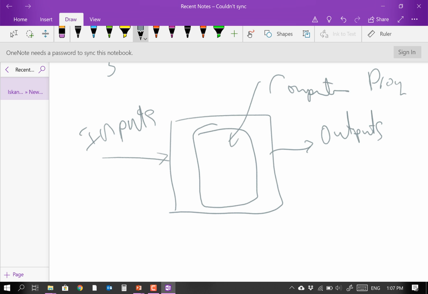That's an output of our system. The inputs, of course, are the little push buttons for the waiter when they put the order in. So we have to look at what the inputs to our system are, what our outputs are, and how they are related to each other. Our computer program has to generate outputs that make sense for a particular set of inputs.